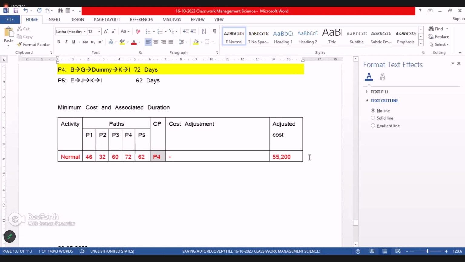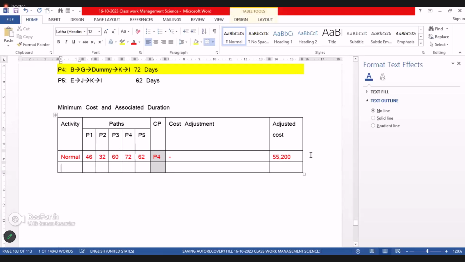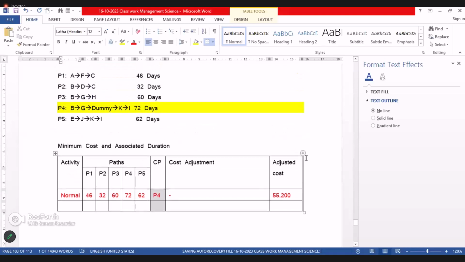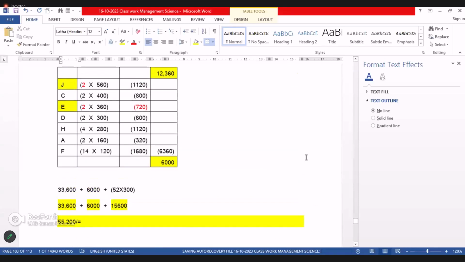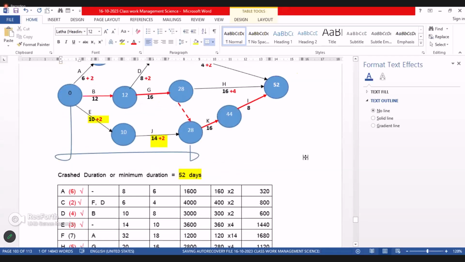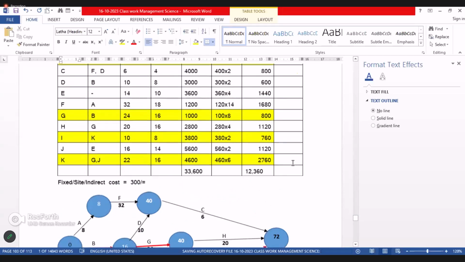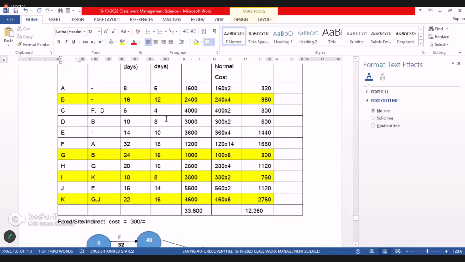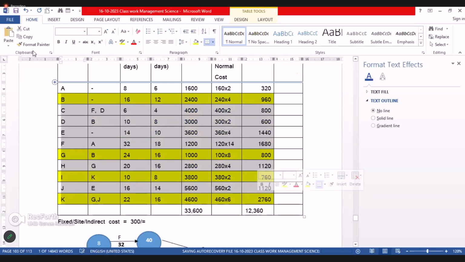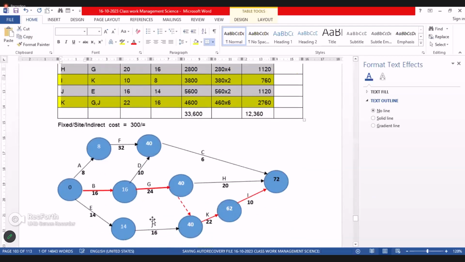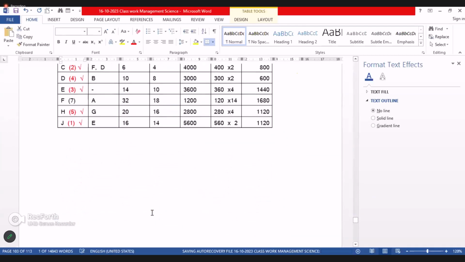Now, look at the cost slope of the critical activities from the table. Now you see that these are the critical activities. Let me copy this shaded area. These are the critical activities.